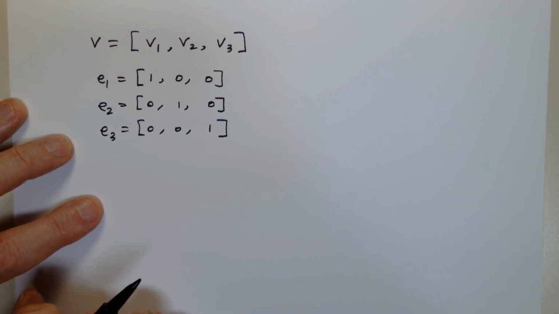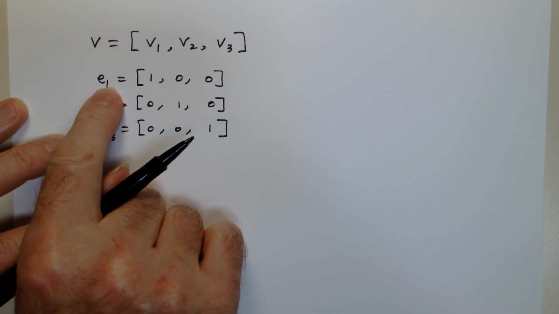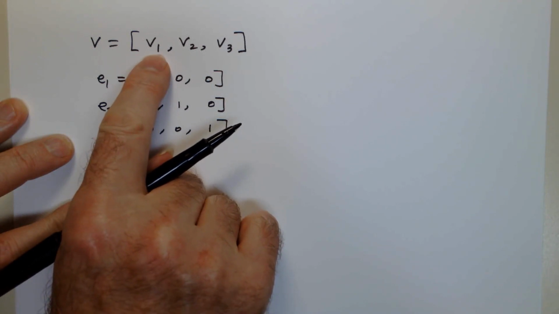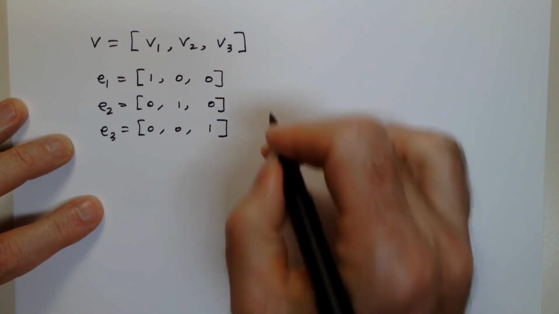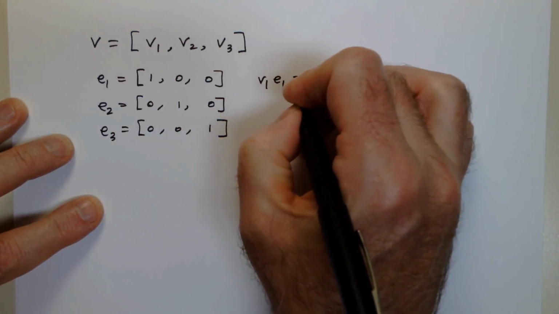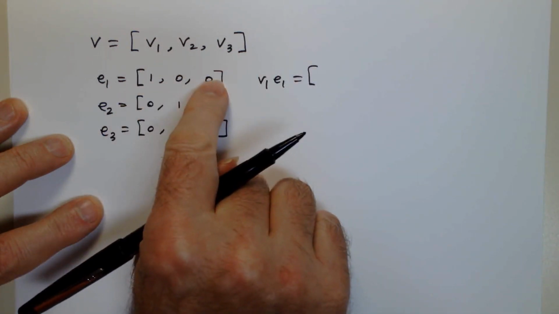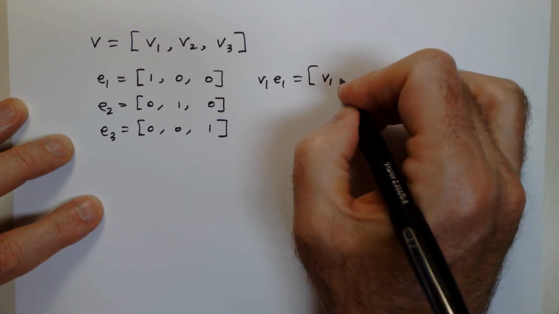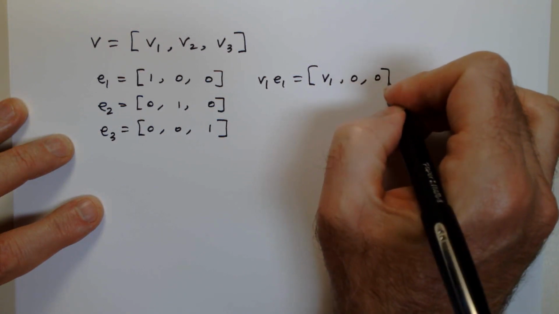The observation is this: if I take E1 and scale it by V1, we get V1 multiplying each of the components, so we're simply going to get V1, 0, 0.